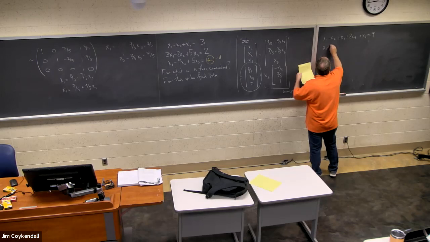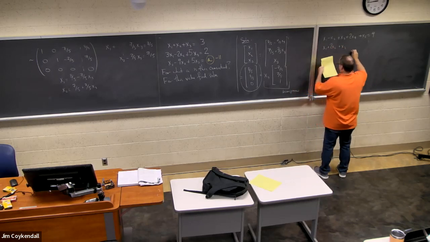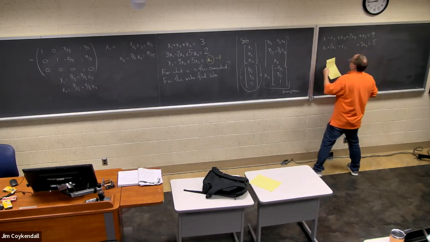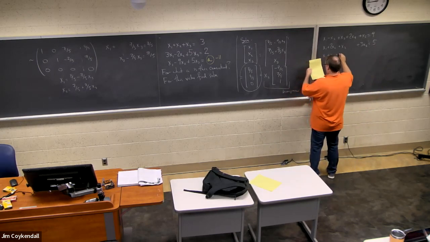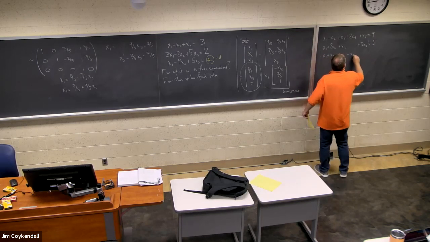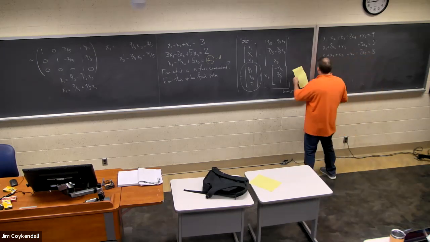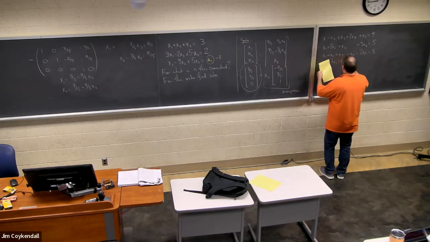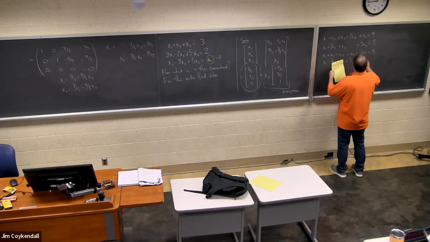X1 plus 2X2 plus X3 plus 3X5, X1 plus X2 plus X3 plus X4 plus 2X5 is 8, and X1 minus 7X2 plus X3 plus 5X4 minus 2X5.